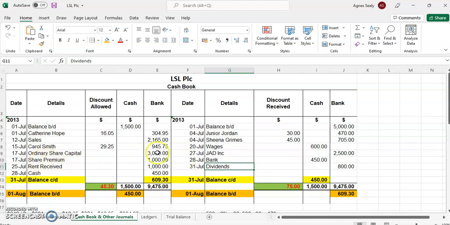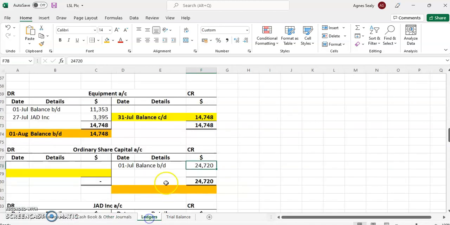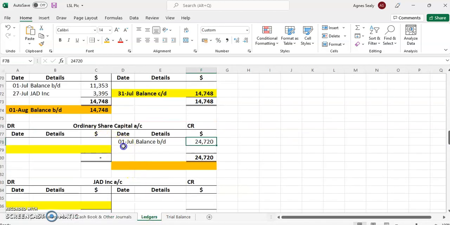So we are going to record the money received from these shareholders. Bank would have been debited here. The extra money for our share premium, bank was also debited. So we are going to go to the capital account and the share premium account and credit those for those figures. So this is on the 17th of July.